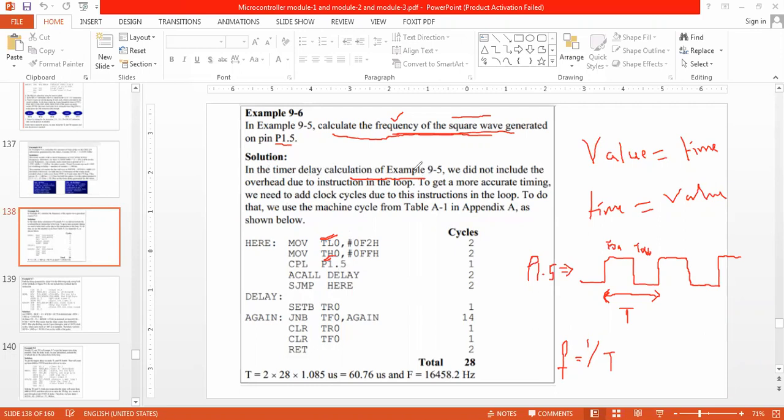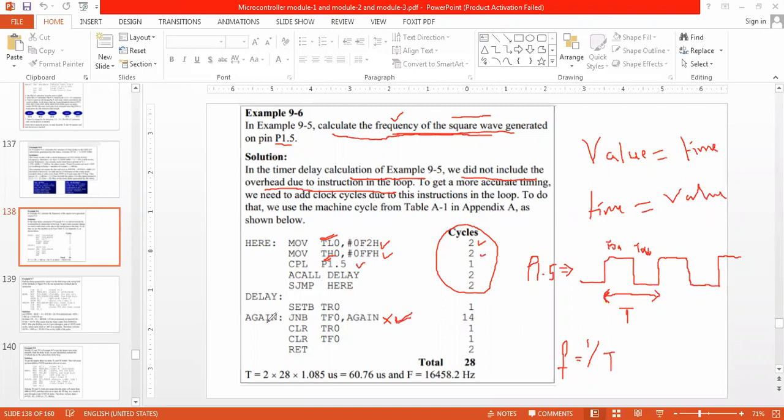Remember that we did not include the overhead due to instructions in the loop. Okay, we did not use the overhead. Overhead means, leaving only this instruction, if we include all the clock cycles, because each instruction also generates some time period, except this loop.